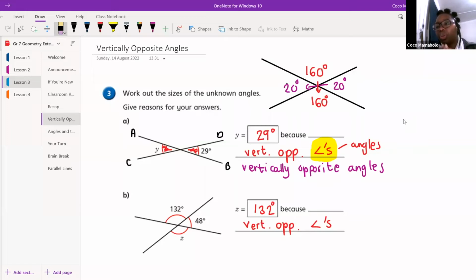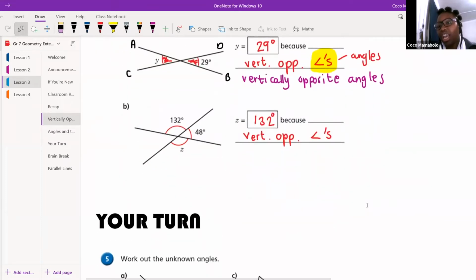I'm going to give you guys a chance to answer some of these questions. We're going to take a couple of minutes because now it's your turn. You're going to tell me what the unknown angles are. Take your piece of paper and a pen and answer all the questions.